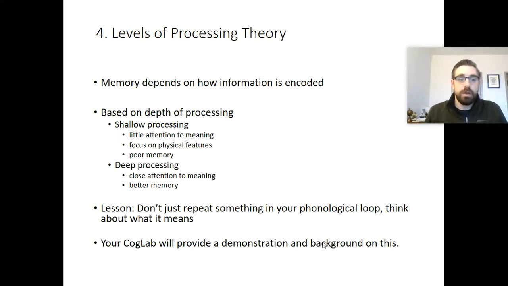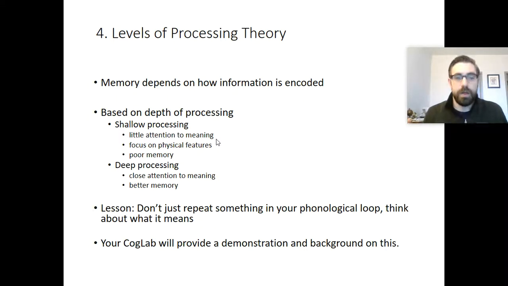Okay. So in the levels of processing research, they'll manipulate the depth of processing. They'll have shallow processing tasks that pay little attention to the meaning of words, for example, and focus more on physical features, like is it capitalized or lowercase? Does it rhyme with the word goat?